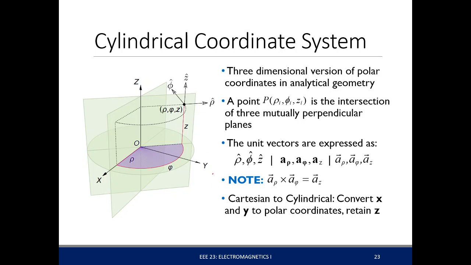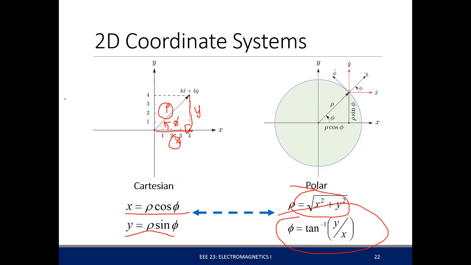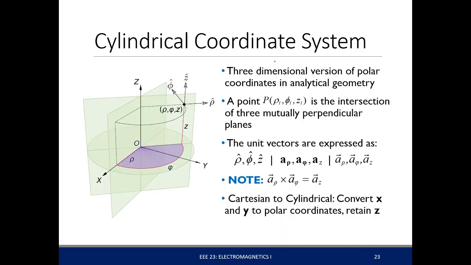So instead of x, y, z, it's rho, phi, and z. The conversion from your Cartesian to your cylindrical is similar to your 2D Cartesian and polar coordinate systems. With this also comes a new set of unit vectors: rho hat, phi hat, z hat. Or in Triple 23 we'll use a rho, a phi, and a z.